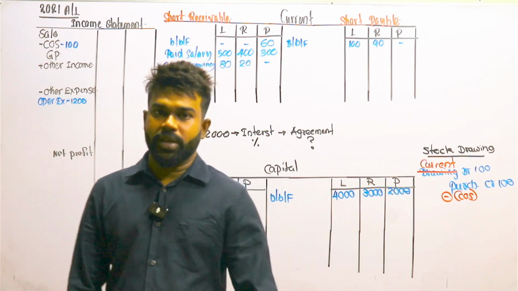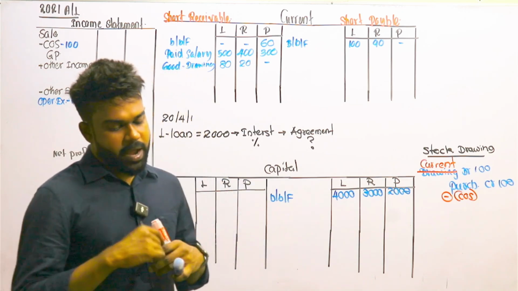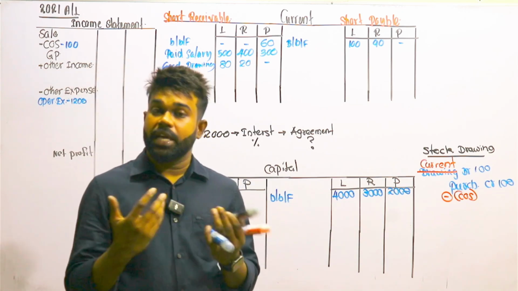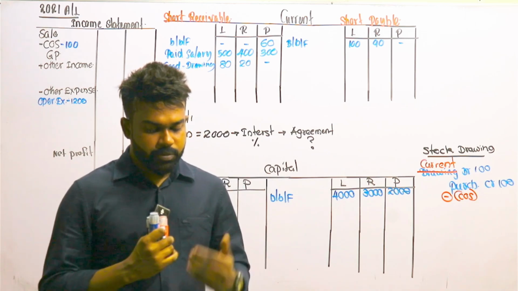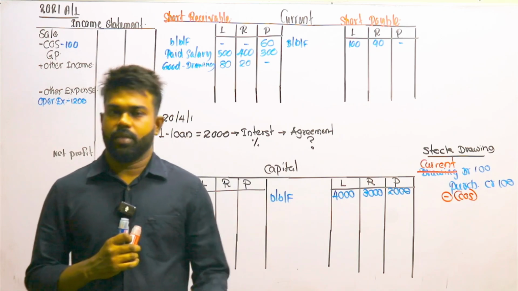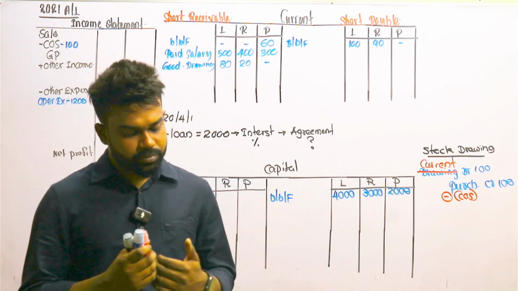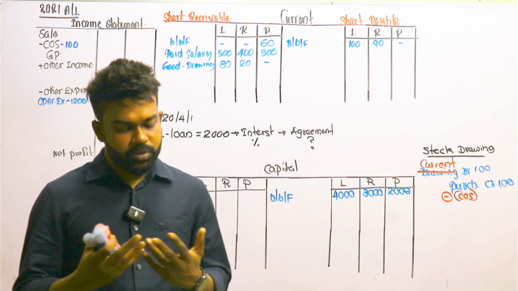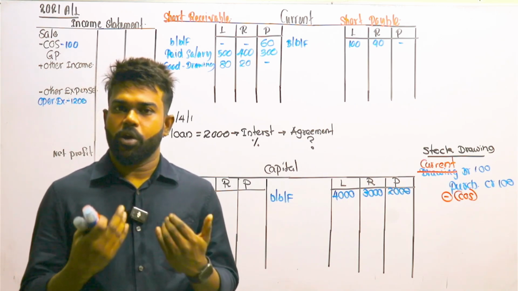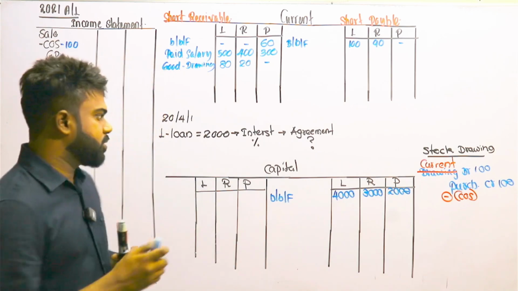There are 4 points: profit share 5:3:2, each partner is entitled to a monthly salary of 50,000, and each partner is entitled to 10% interest on capital account balance. There is no interest on loans mentioned in the agreement.